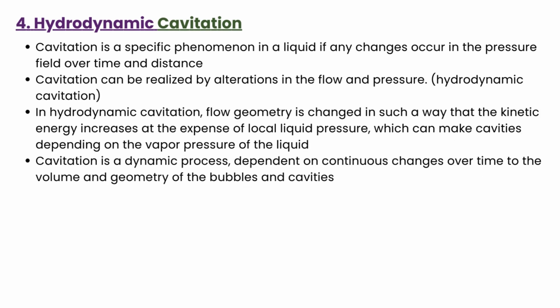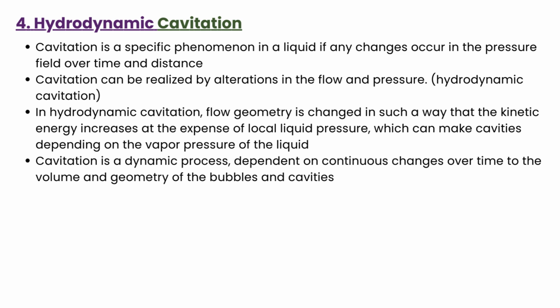Cavitation is a special phenomenon in a liquid where any change occurs in the pressure field over time and distance. Cavitation can be realized by alteration of flow and pressure. Hydrodynamic cavitation: in hydrodynamic cavitation, flow geometry is changed in such a way that kinetic energy increases at the expense of local liquid pressure, which can make cavities depending on the vapor pressure of the liquid.